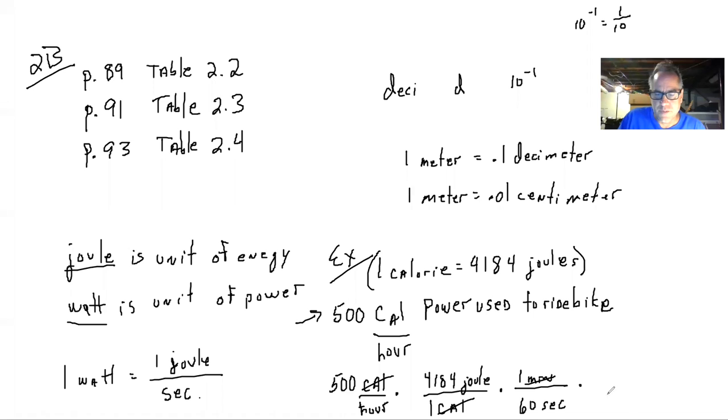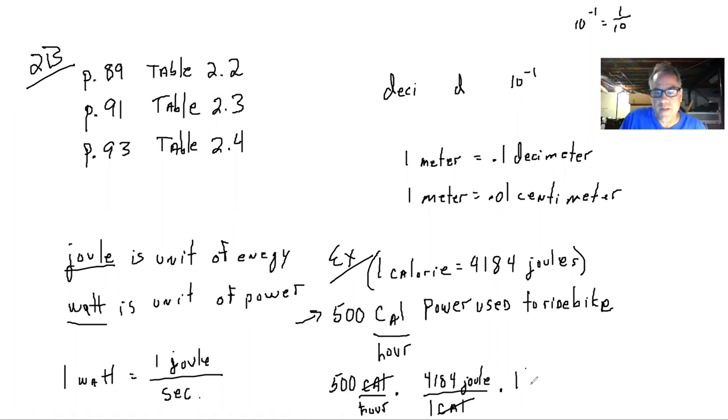So let's just back up here. All right, so I dealt with my calories, got them to cancel out with 4,184 joules. Now I need to take care of the hours and get the hours to seconds.